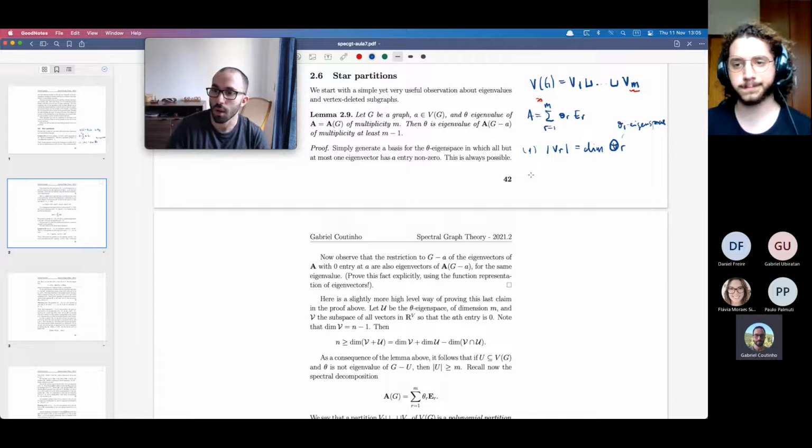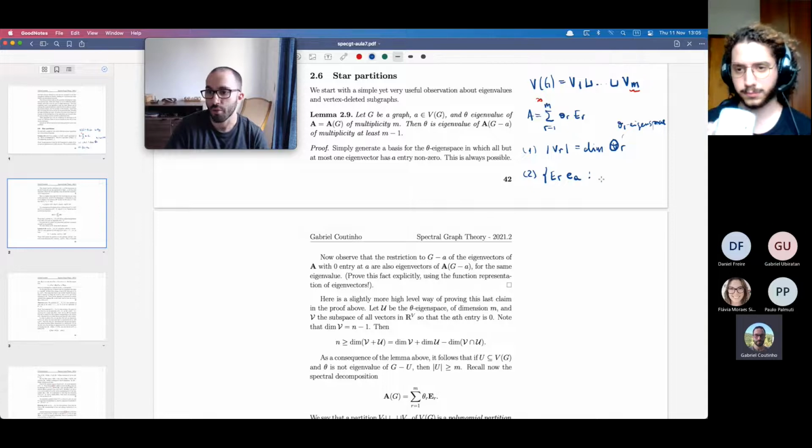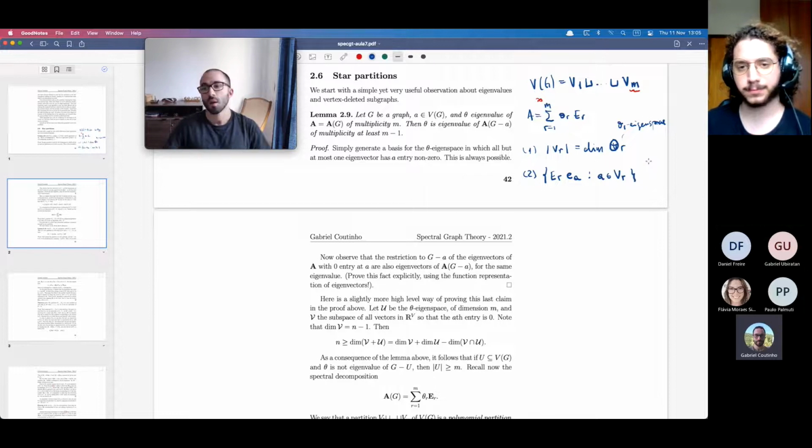But not only do I want that, I also want that a basis for my theta r eigenspace be found upon projecting the characteristic vectors of the vertices in each one of the V r onto the eigenspace.